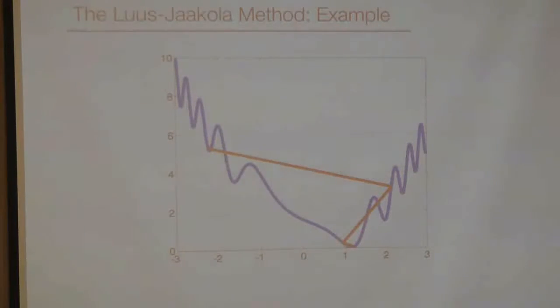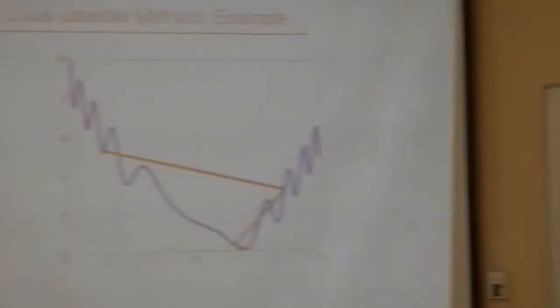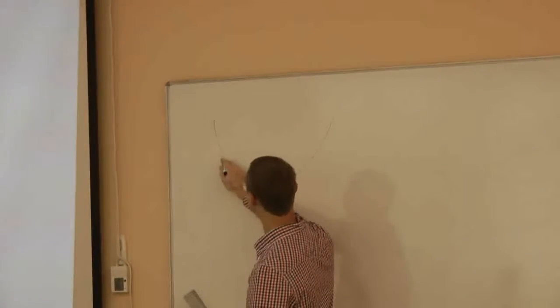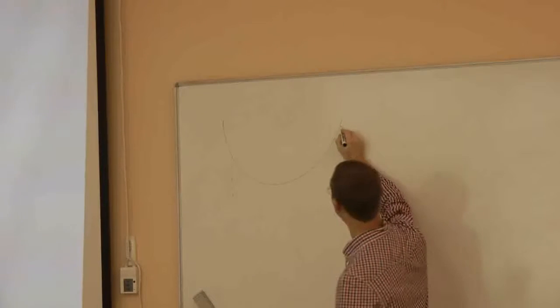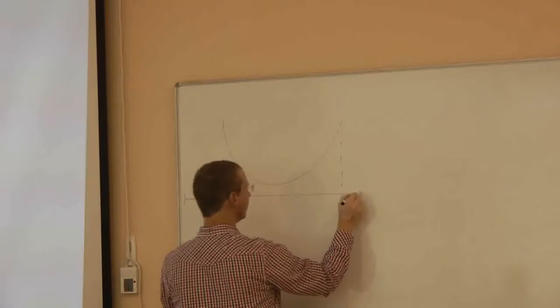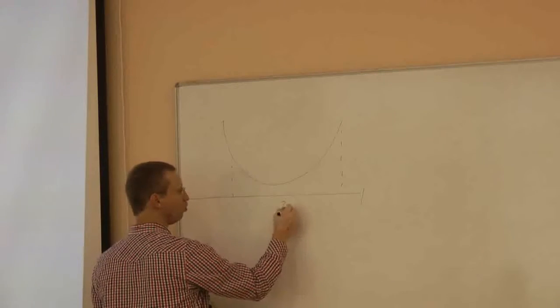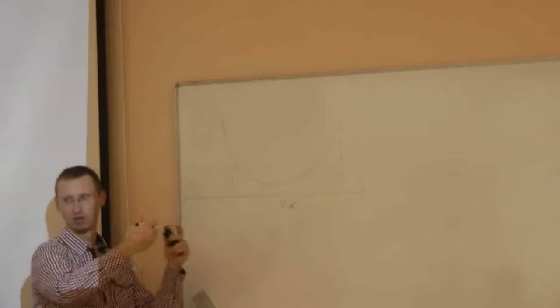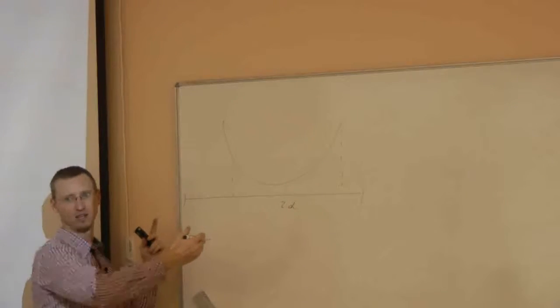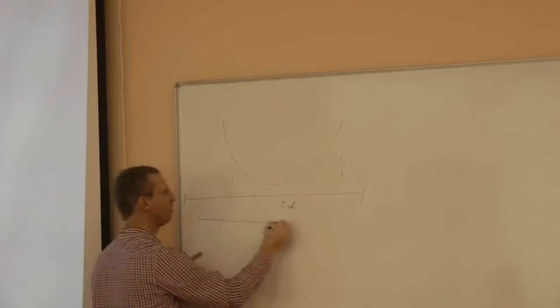There, the gradient-based methods, I would expect them to be faster because they always go in the correct direction. While what the Lucy-Akola method would do for a convex function, it would start with this point and it would jump here, okay? Just to realize it's a worse solution. So it decreases, okay, let's say this is 2D, like the width of the search space. So it would decrease this space here.